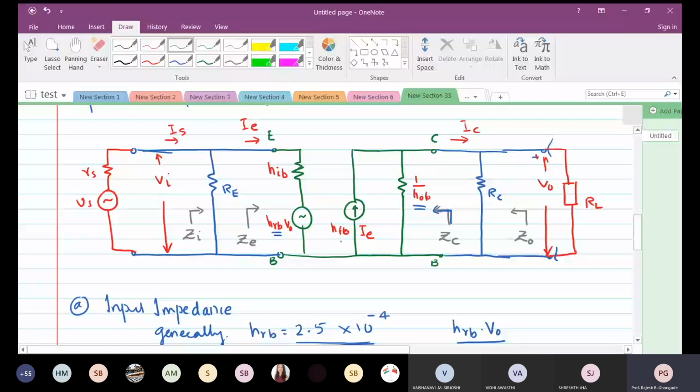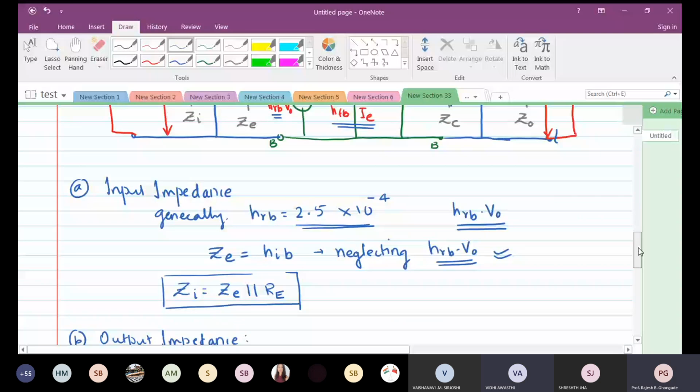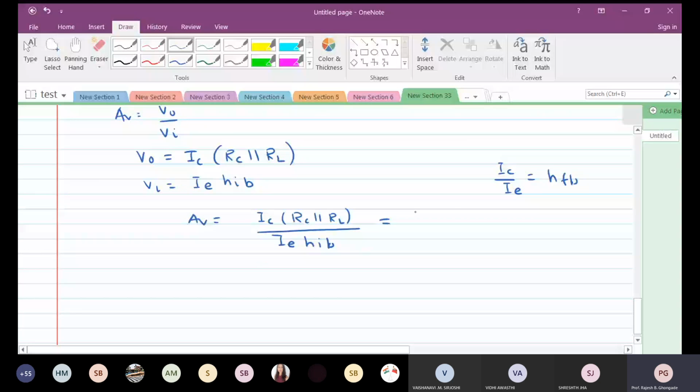So I can write here HFB into RC parallel RL divided by HIB. And we see that there is nowhere any negative sign involved. This is one more confirmation that the output voltage is in phase with the input voltage. And of course, we do get significant voltage gain, just like common emitter.